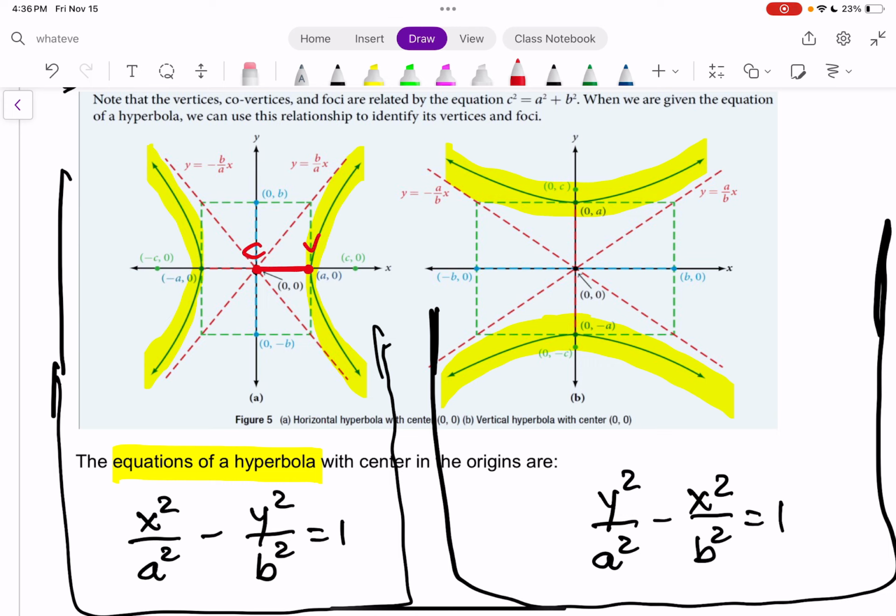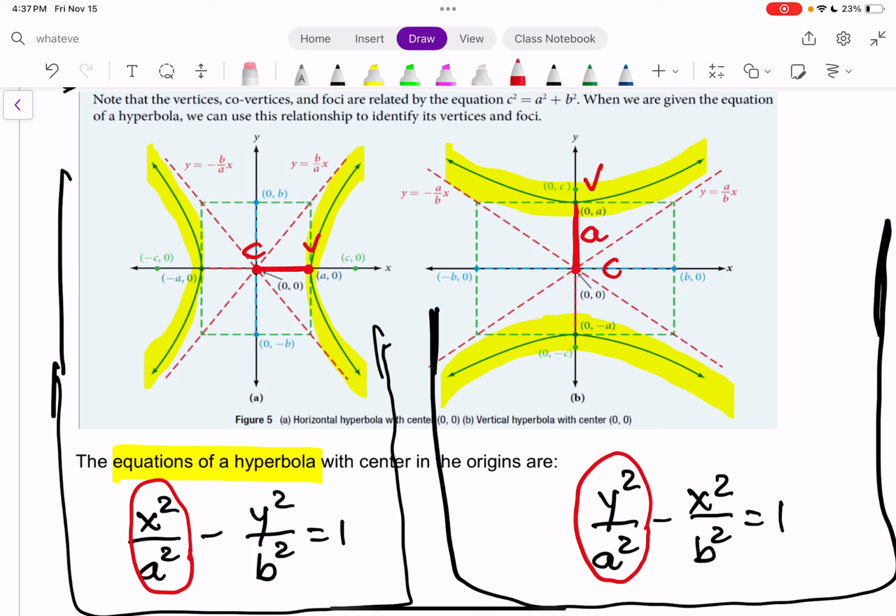If that vertex is on the x-axis, the A will go under the x and it's going to be positive. Here's the vertex, here's the center, and this distance is A. Now, if the vertex is on the y-axis, then the A will go under the y because it's how many units we go in a y direction.